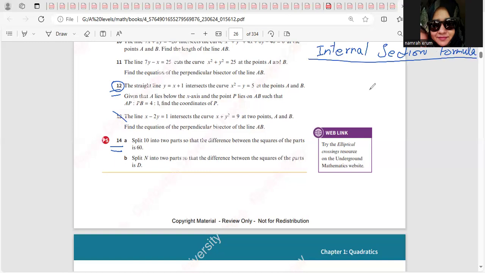Internal section formula. The internal section formula is used in coordinate geometry.